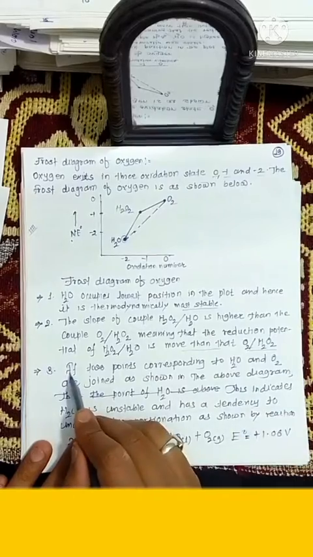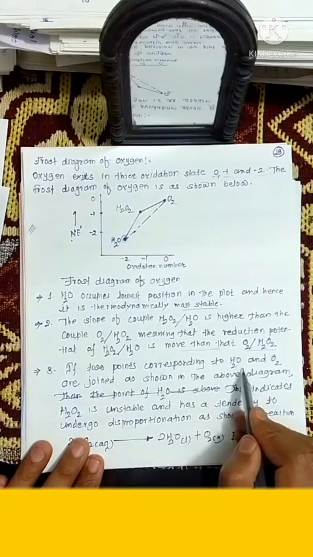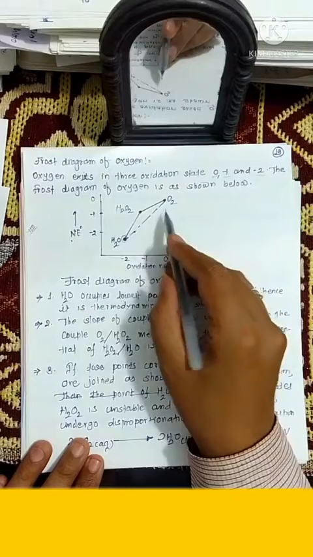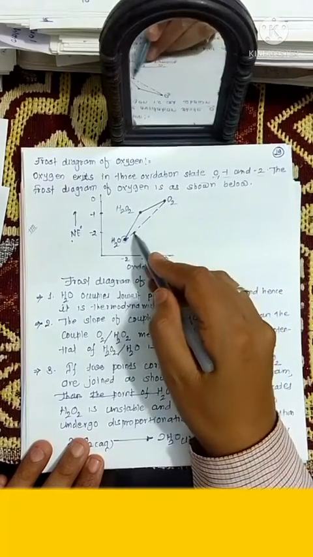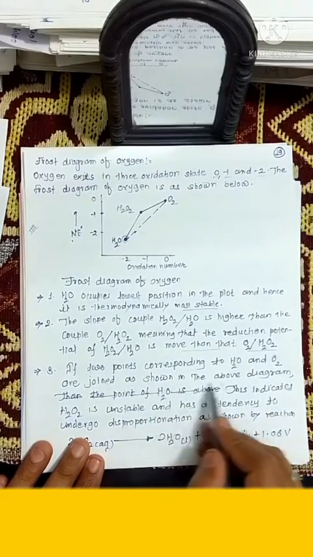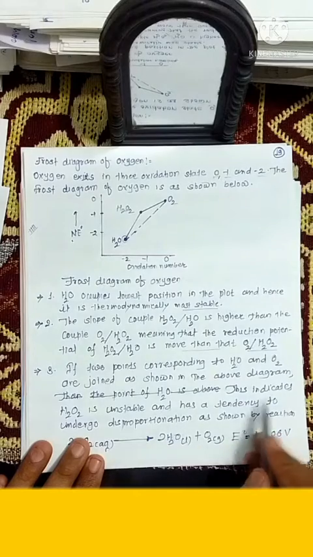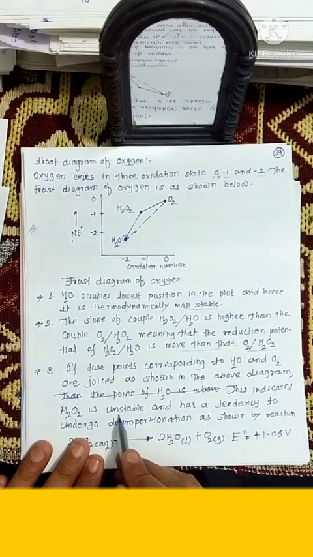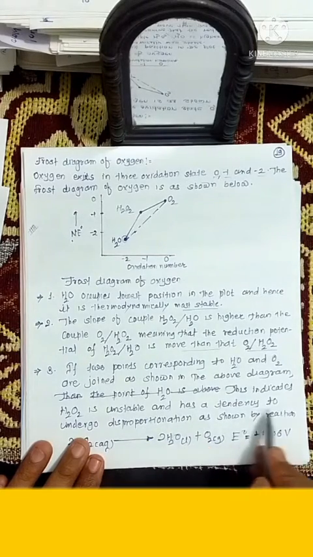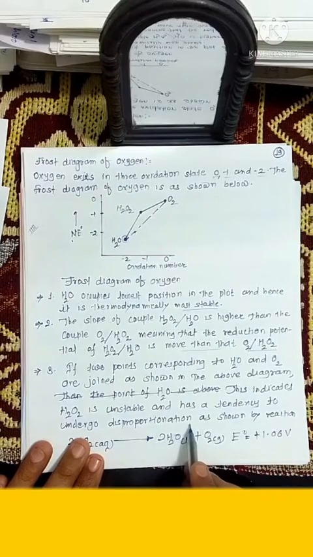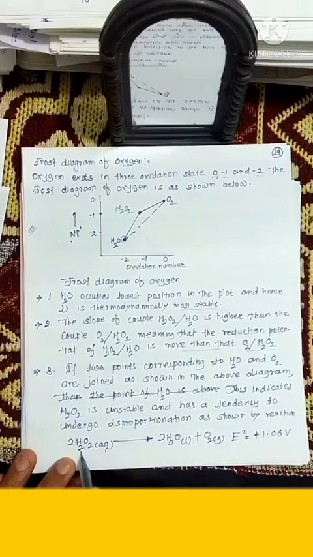If the two points corresponding to water and oxygen, shown by the dotted line, are joined as shown in the above diagram, this indicates H2O2 is unstable and has a tendency to undergo disproportionation, just like this.